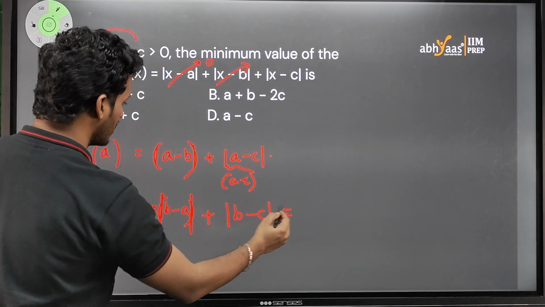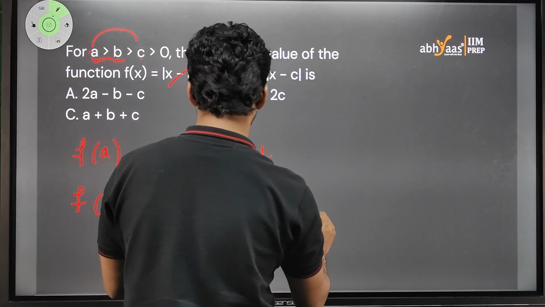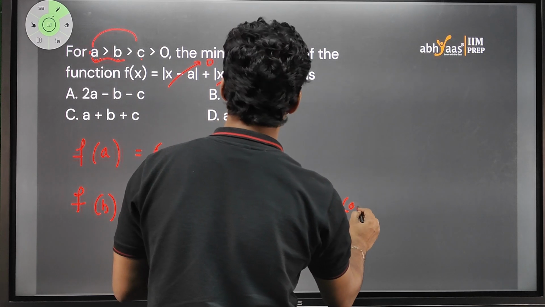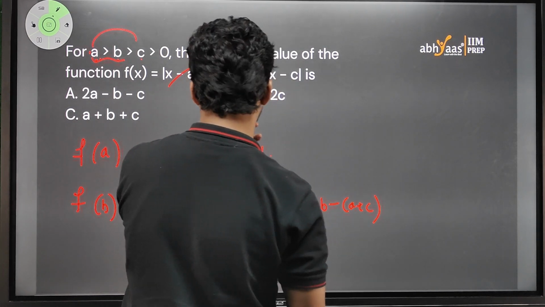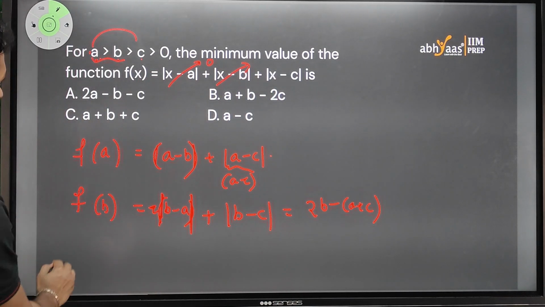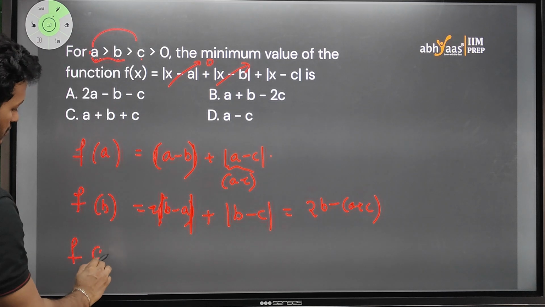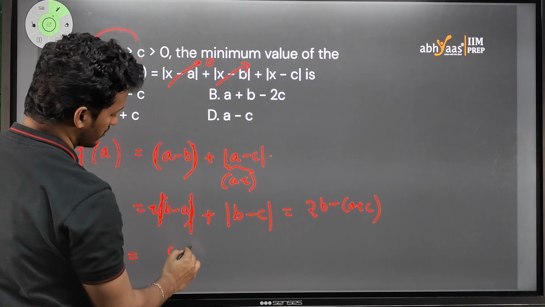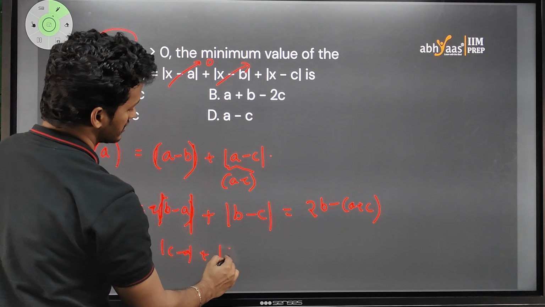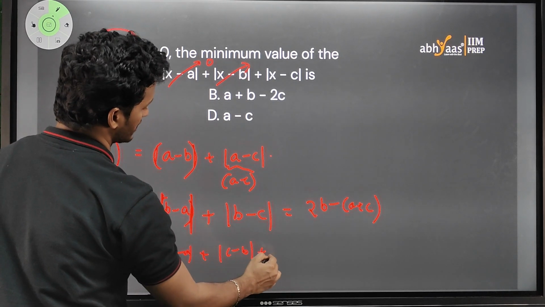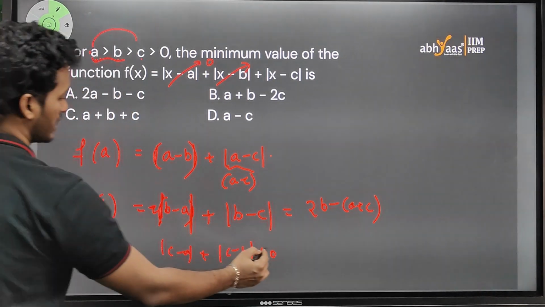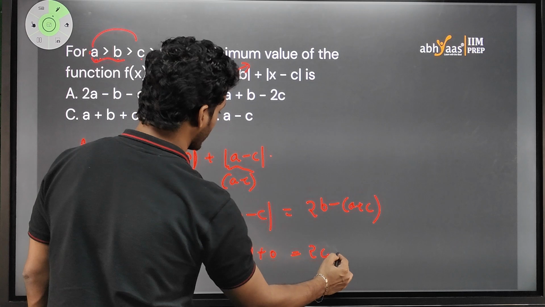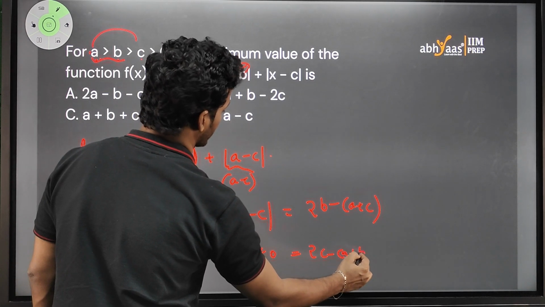That means the output will be 2b minus of a plus c. Next, f of c. Same. It will be mod of c minus a plus mod of c minus b plus 0. Here again it is 2c minus of a plus b.